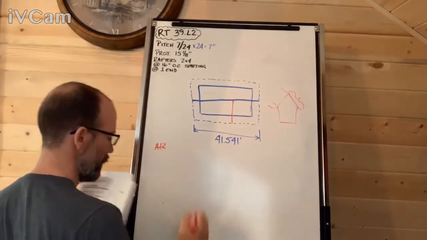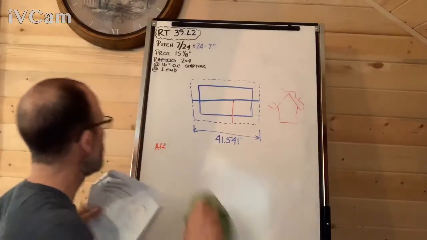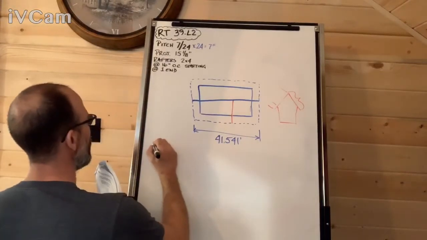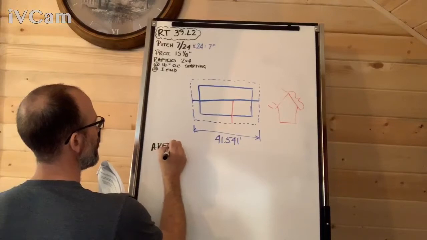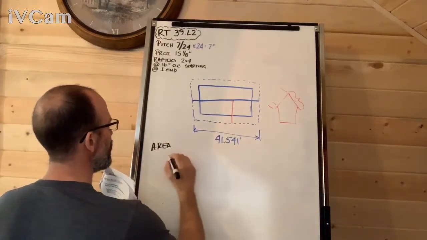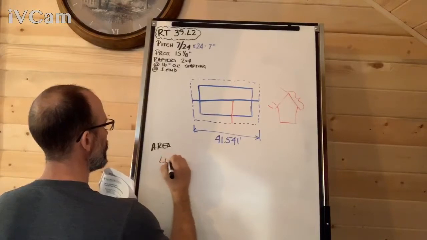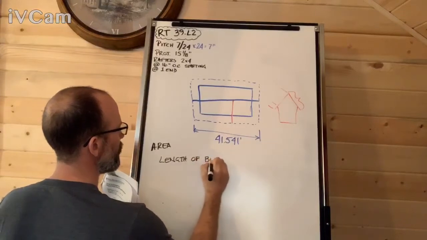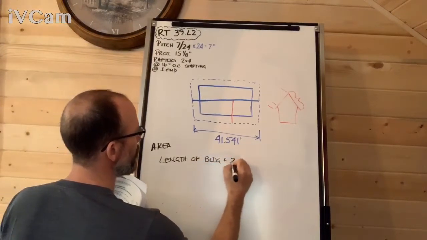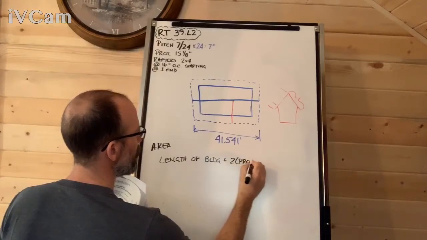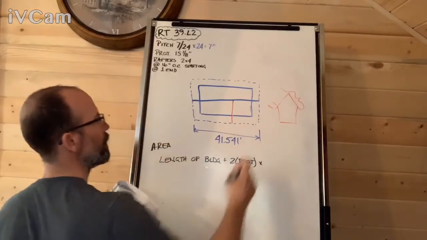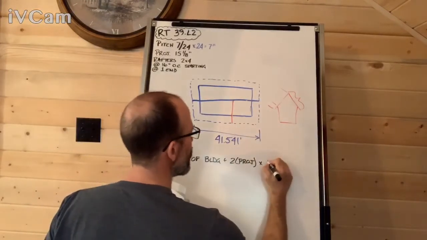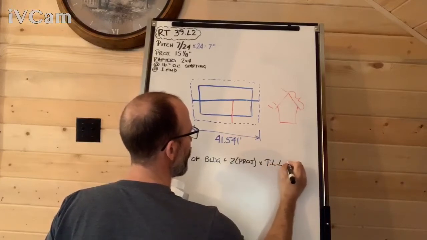Area of the roof. This marker sucks. Go back to the black. Area is the length of our building plus the 2 projections times the line length of our common rafter plus the line length of our overhang, which is the total line length of the common rafter.